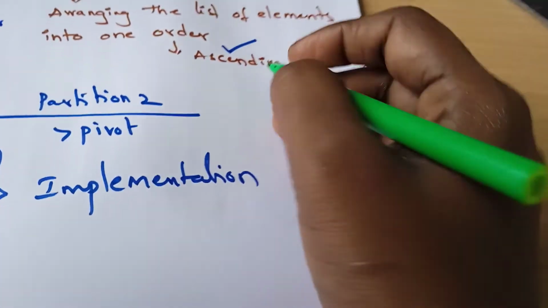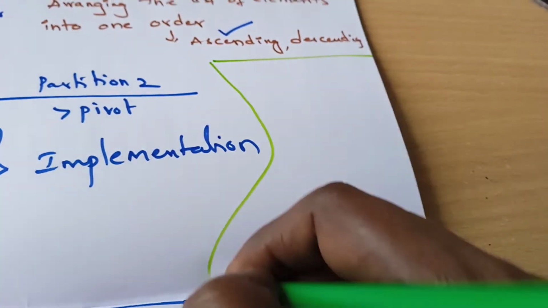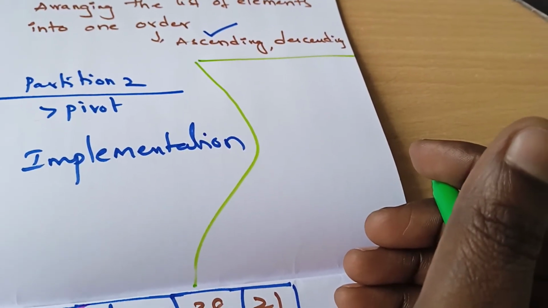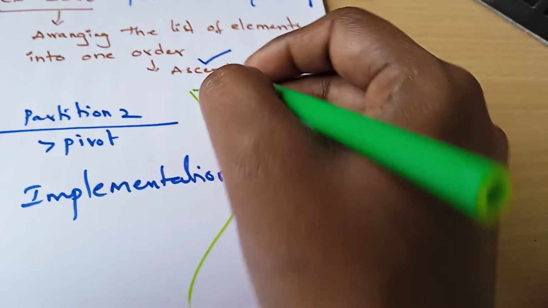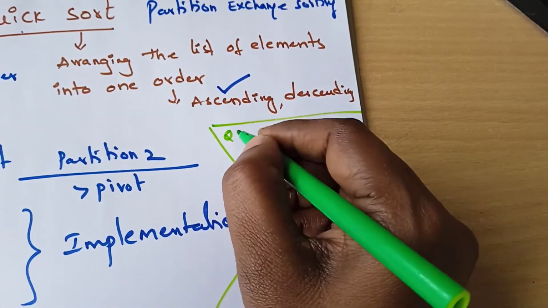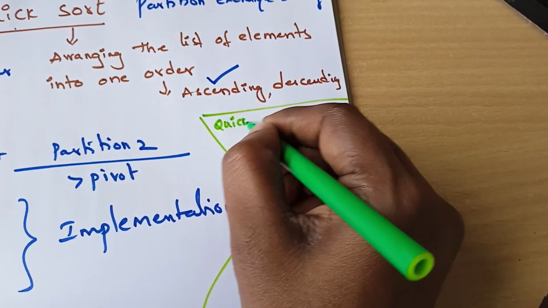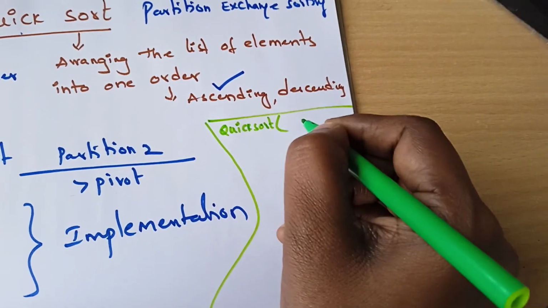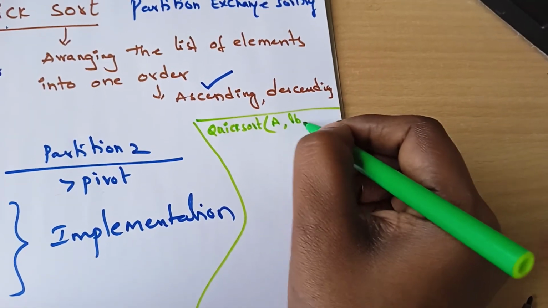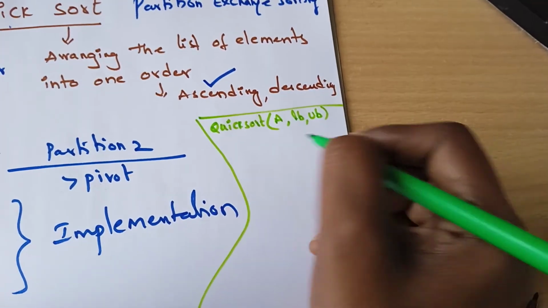I am writing the algorithm for quicksort. Quicksort is applied for an array of elements, lower bound and upper bound.